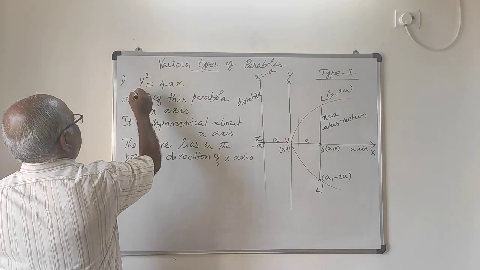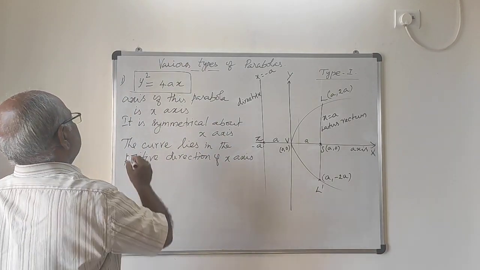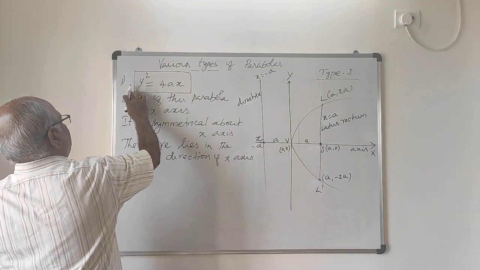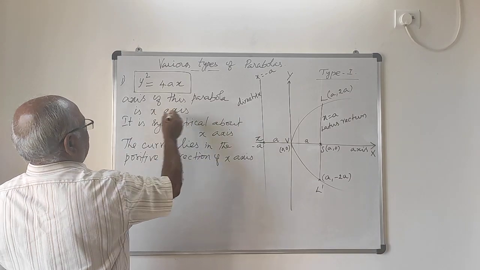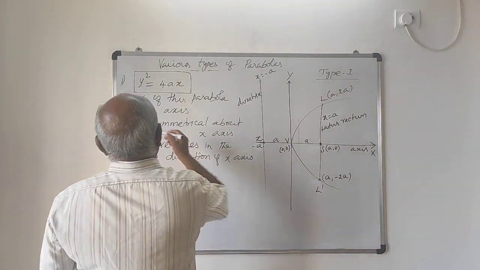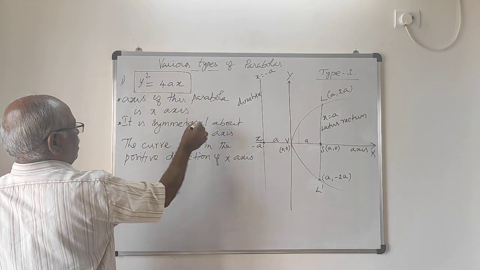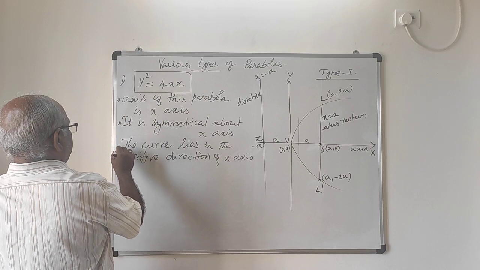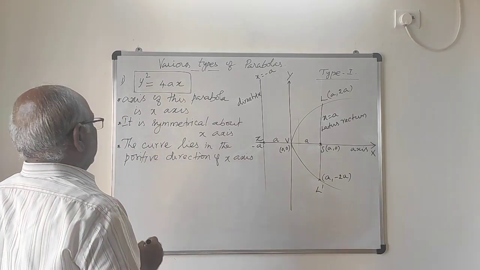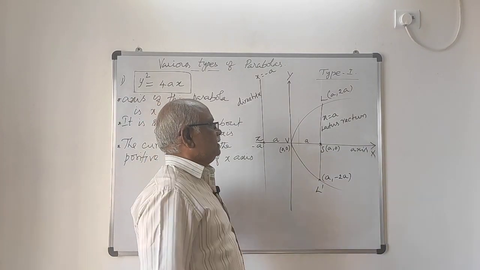Y square equal to 4ax is the standard equation of the parabola. The axis of the parabola is the x-axis, it is symmetrical about the x-axis, and the curve lies completely in the positive direction of the x-axis.